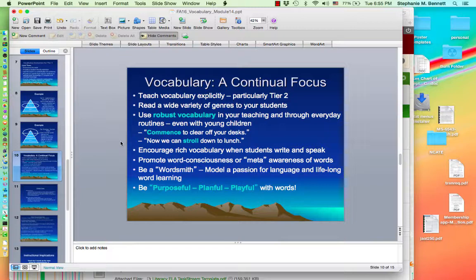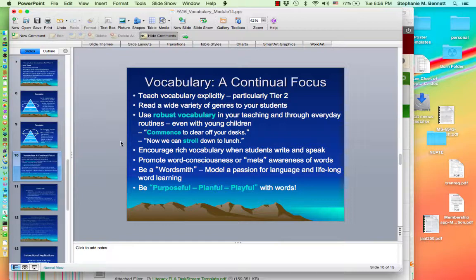We also want to read a wide variety of genres in our classrooms, introduce our students to lots of different texts so that they're exposed to a lot of different types of vocabulary. We want to use robust vocabulary in our teaching and through everyday routines, which goes back to that college talk video I mentioned earlier. Encourage rich vocabulary when students write and speak.